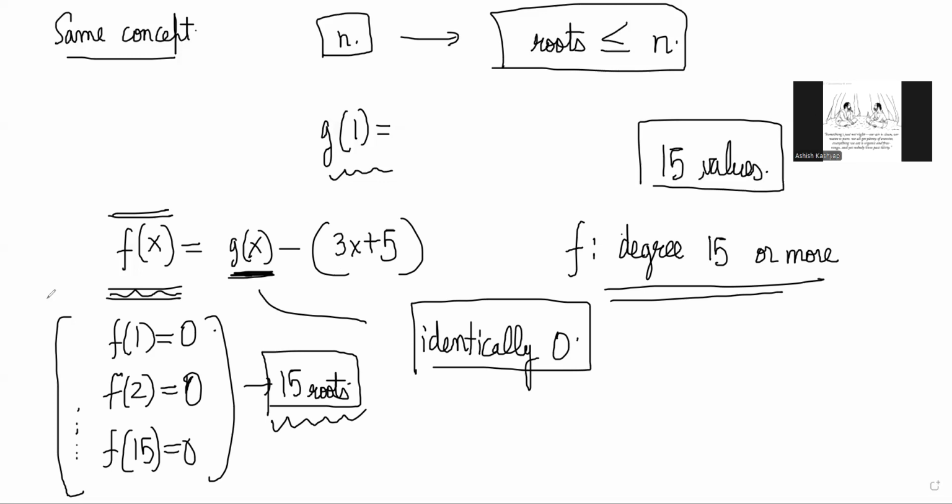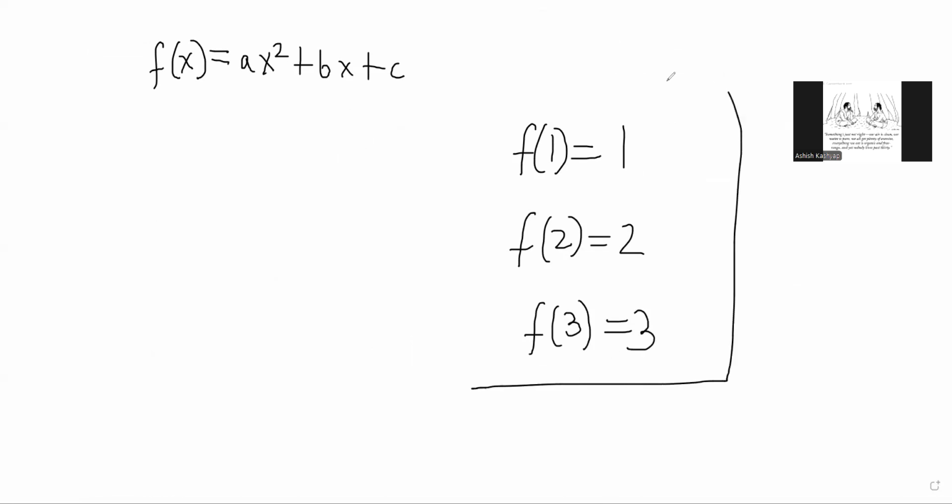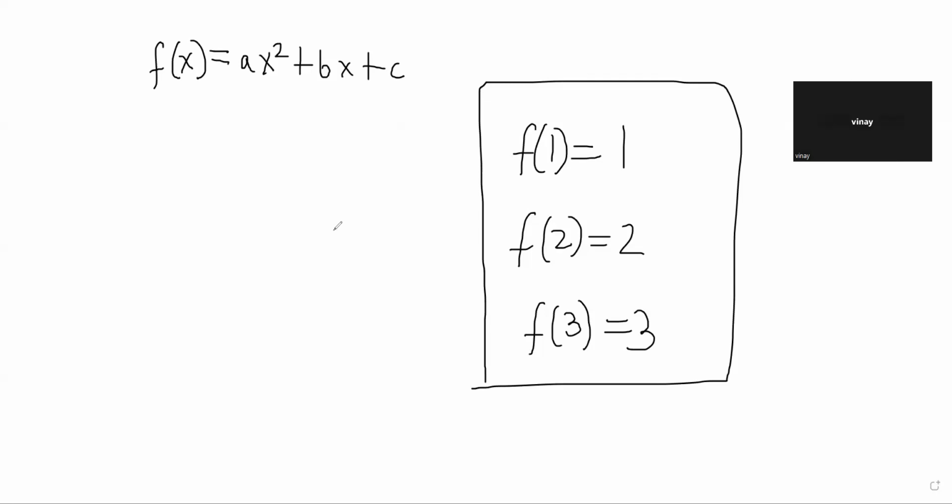Not really. Yes, sir. I'm telling you there is a quadratic polynomial. Can I say that f of 1 is 1 and f of 2 is 2 and f of 3 is 3, giving you 3 values? Can you make a quadratic now from this? Sir, yes, as we have three linear equations in a, b, c.